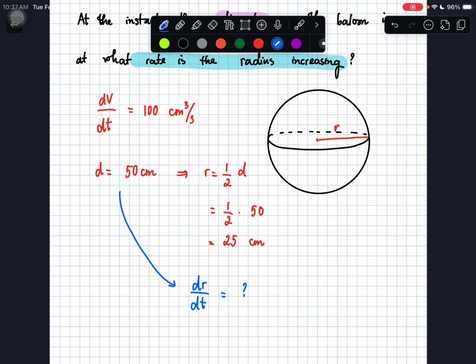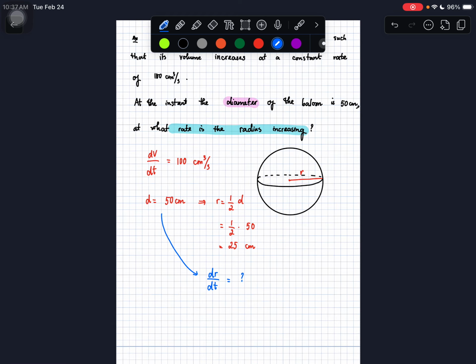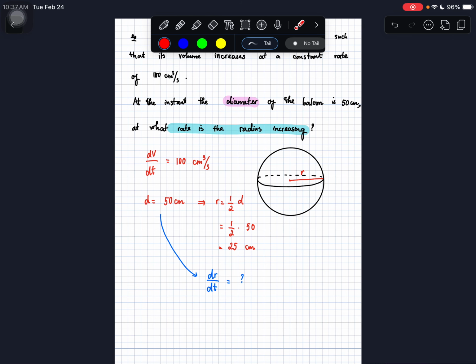We need to compute that. So this is the question. They give us a balloon. It is increasing in volume. We know the rate of change dV over dt is 100. They ask us at the moment where the diameter is 50, we need to compute dr over dt.